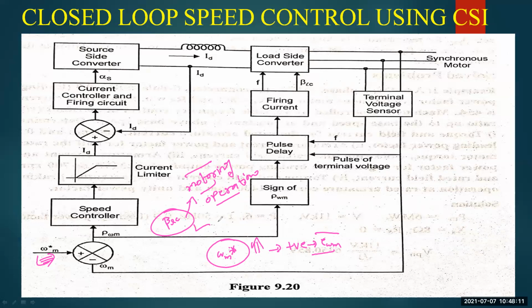Okay, the speed controller and current limiter. This is called the speed controller, and this is the current limiter.